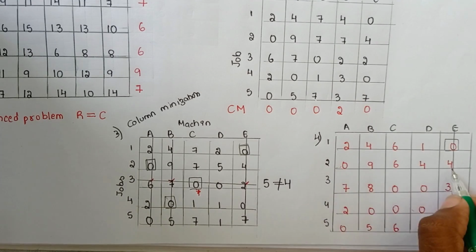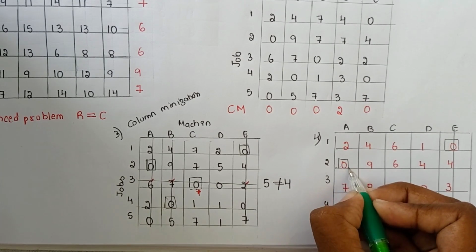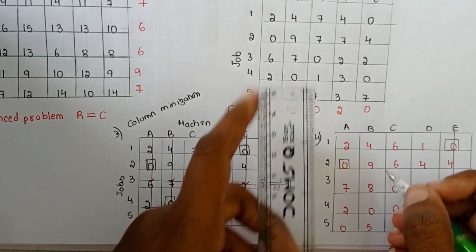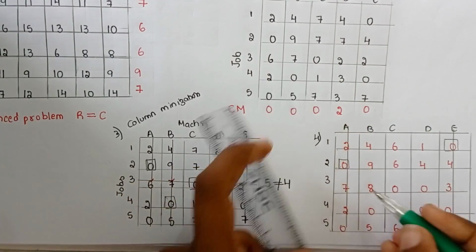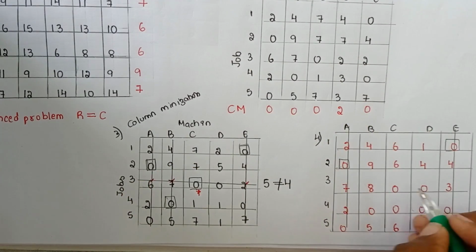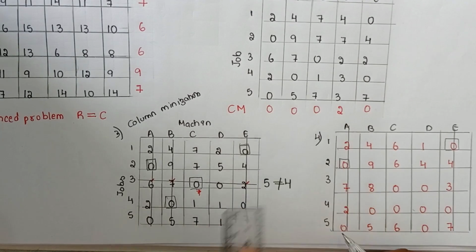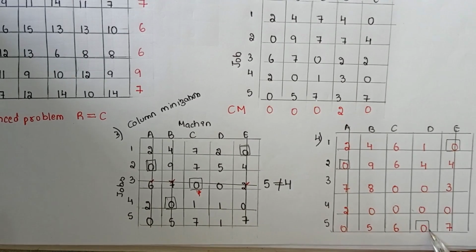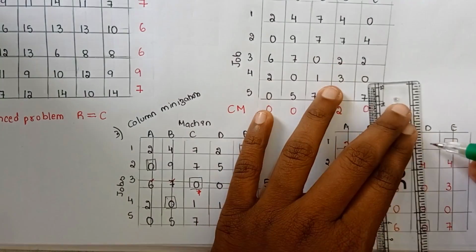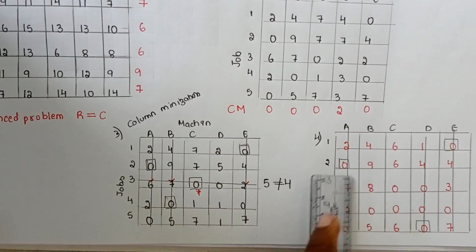And in the second row again I have one 0, I have got 0 in the row, so I will cancel that column. In the third row I have two 0s, so I will ignore it. In the fourth row I have three 0s, so I will ignore it. In the fifth row I have two zeros, but this 0 is cancelled, so I just have one 0 now, so I will mark that 0 and I will cancel this column as well.